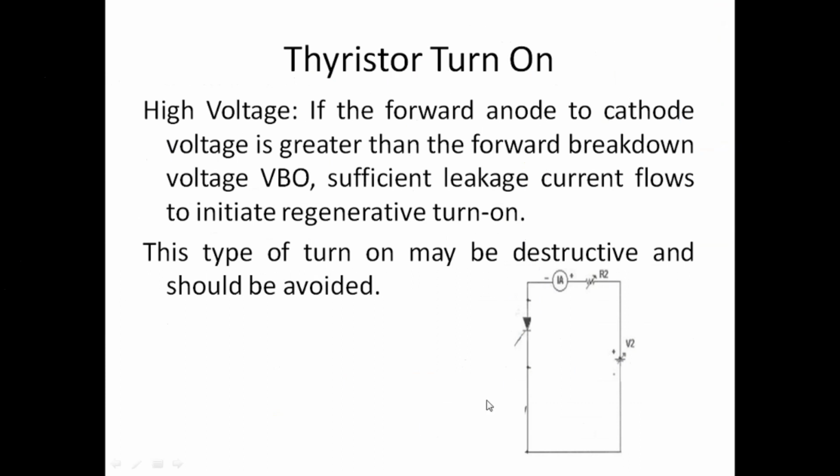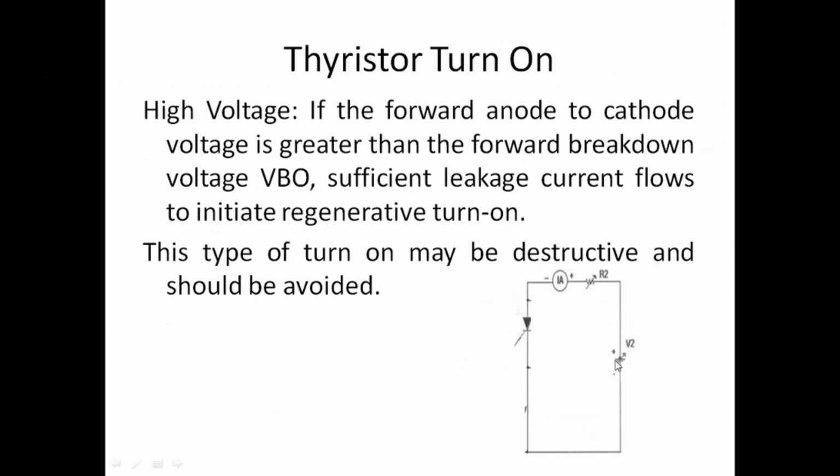So for that reason, we should be very careful when we purchase an SCR. We should read the data sheet and find out what the breakover voltage is. If it mentions 800 volts as the breakover voltage, we should make sure that at any cost we do not apply more than 800 volts in this circuit, whenever it is forward biased, that is, whenever the anode is made more positive than the cathode.